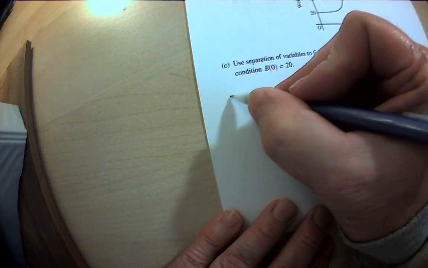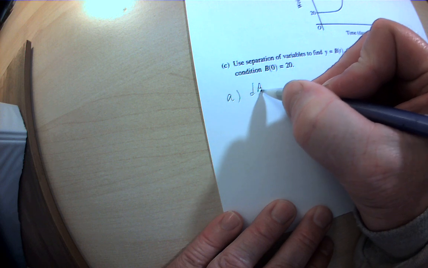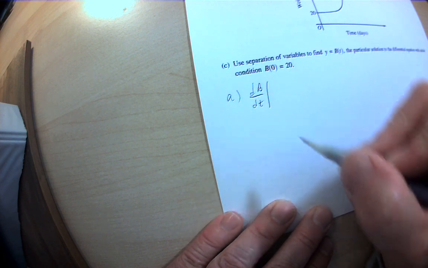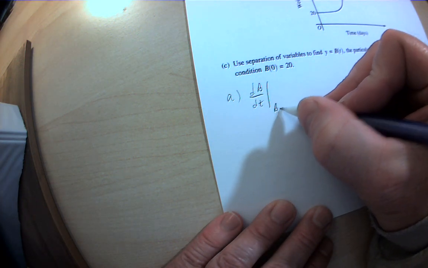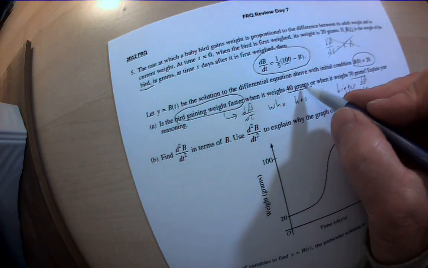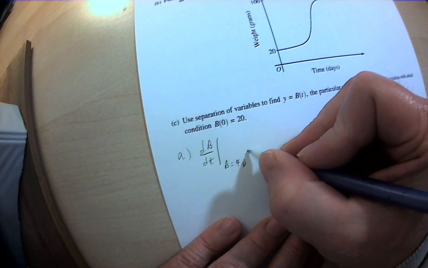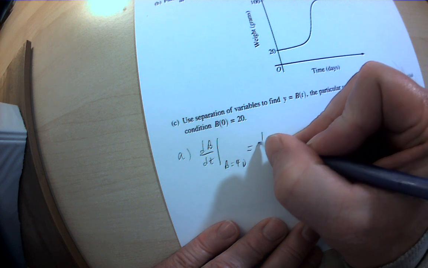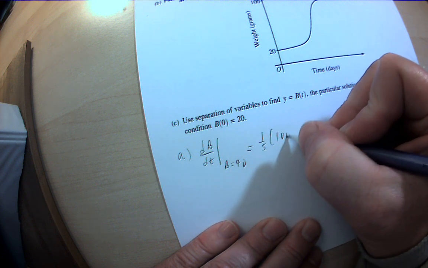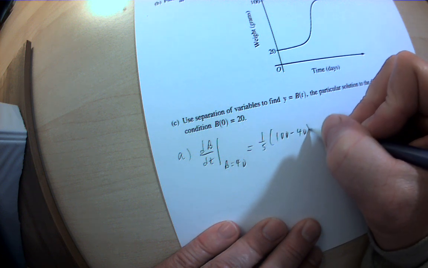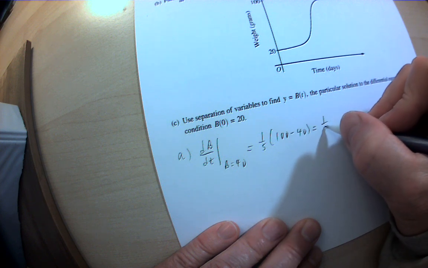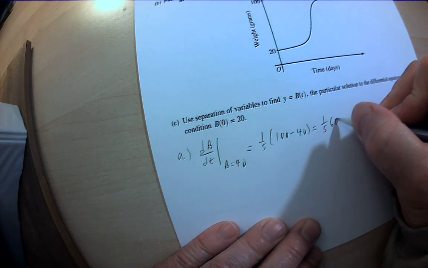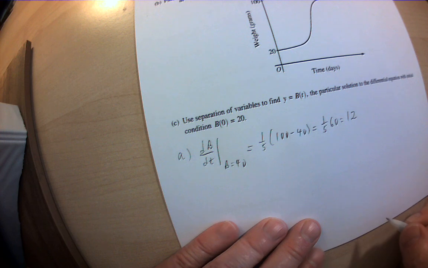So I come down here to part A. I evaluate dB/dt when B equals 40. That's 40 grams. That is just 1/5 times (100 minus 40), so that's 1/5 times 60, so that's 12.